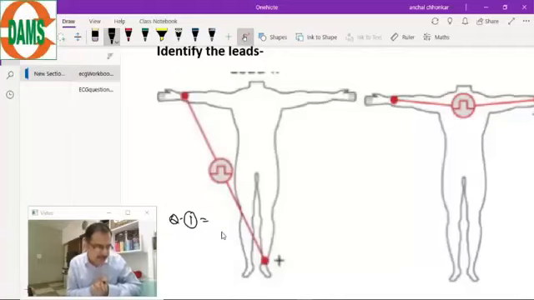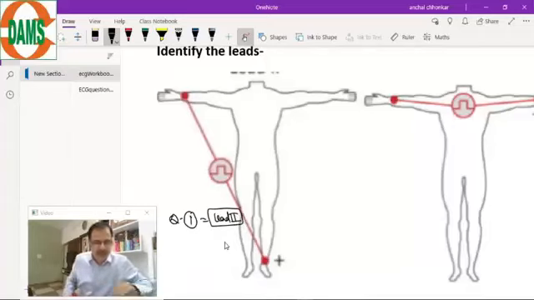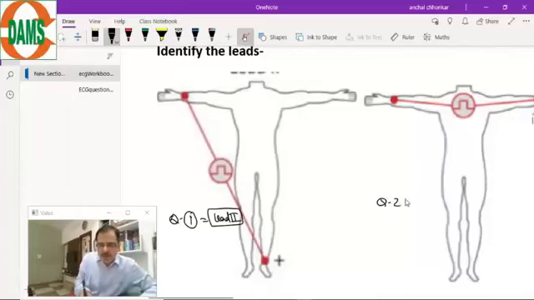Yes, very good, SK Amrit gave me the correct answer first. In question number one, you can see the positive pole is on the left lower leg and the reference electrode is on the right upper limb. So this is lead 2. Very nice. Now, question 2.